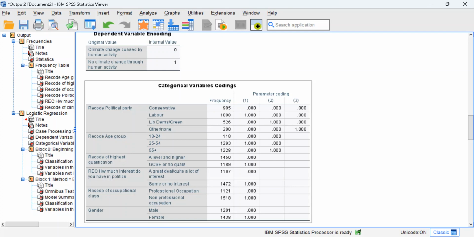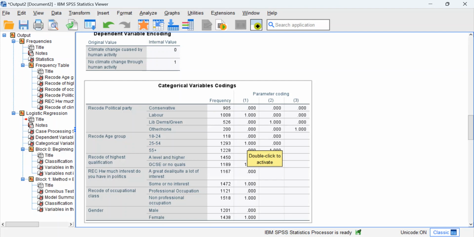Our last two variables actually have three categories. So here you see the reference category is being defined for age group as the youngest age group, so that's 18 to 24. So I'm going to have two values in the model here.